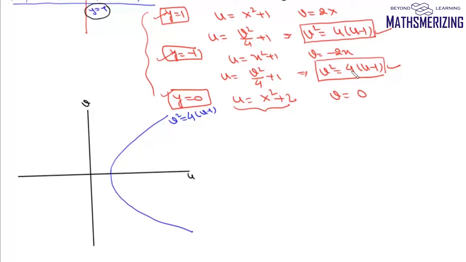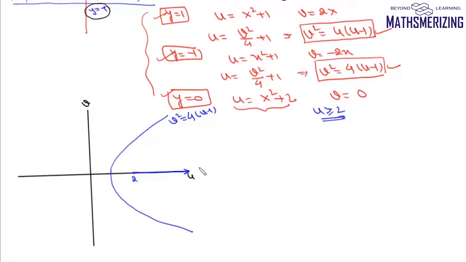The second one is again the same parabola. And the third one is u equals x square plus 2, so in this case u will be greater than or equal to 2 and v is 0. So I'll represent this ray starting from 2 and going towards infinity. So this is the sketch of the boundary values.